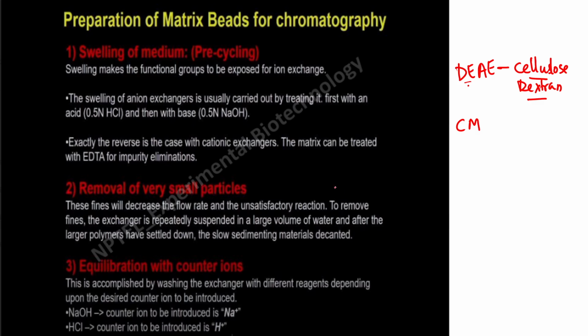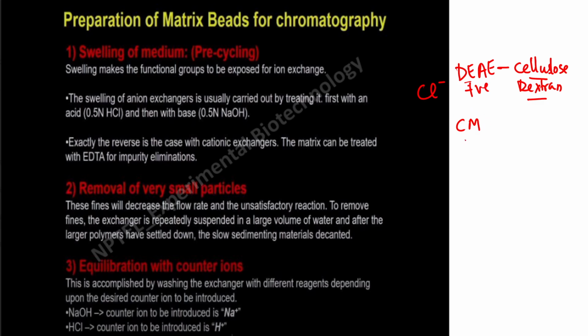Then we have to do the equilibration. So we will have to make sure the column is completely equilibrated with the counter ion. If it is a positively charged column like DEAE, we need to balance it with the counter ions, that is chloride.